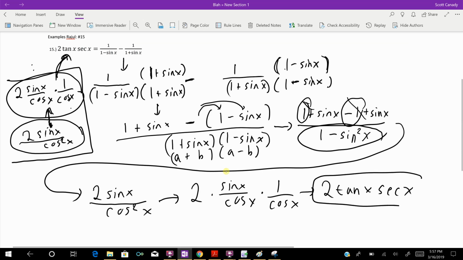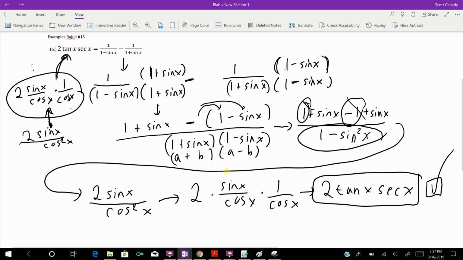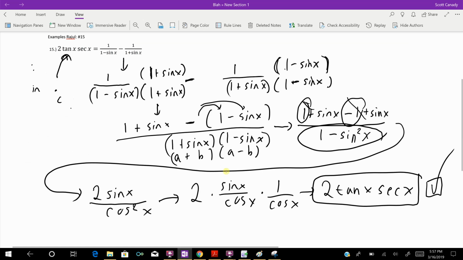And usually you kind of box that in, put a little check mark to show people that you're super smart and that you know how to do that. And then you just erase all of this work that you secretly did. You just don't tell anybody that you did it. And then you look like a super smart person. And that is example number 15 on example set Rajul.